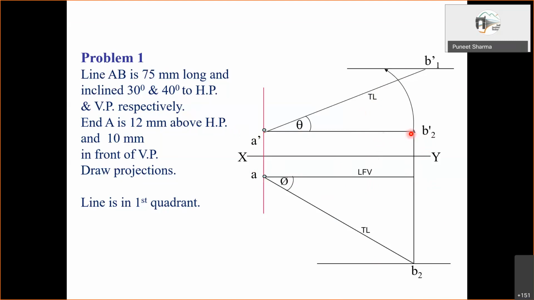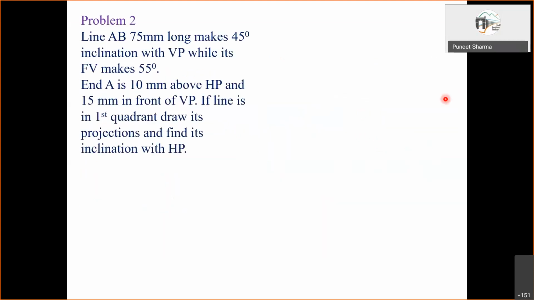Then we have to bring it to this level so that both the conditions are merged together. So we get B dash. Okay, so A dash B dash is completed, and then we can obtain B. So this is what we had discussed. Now consider this. Please read this and then we'll further discuss.